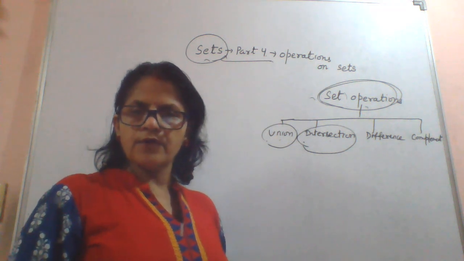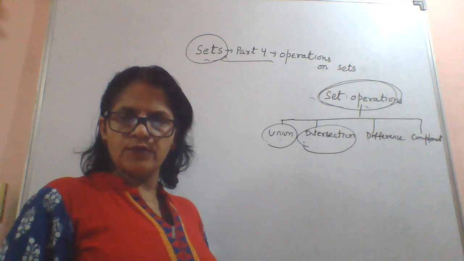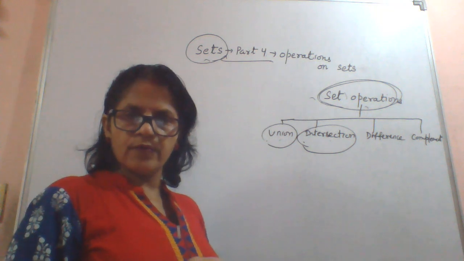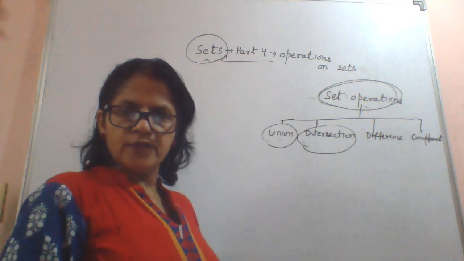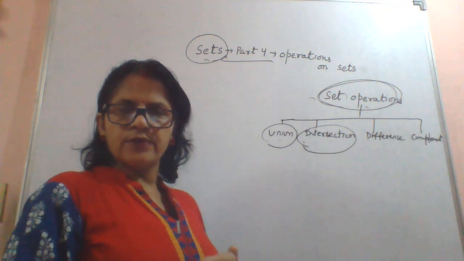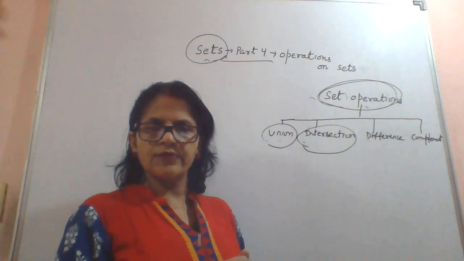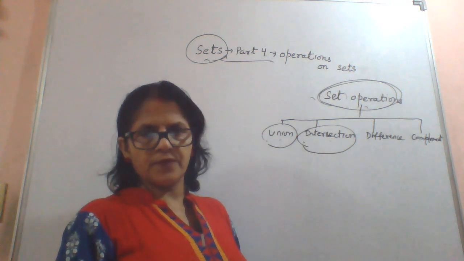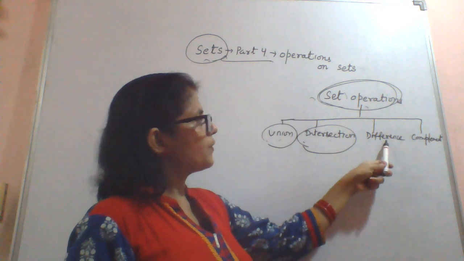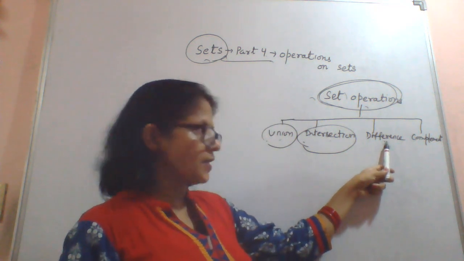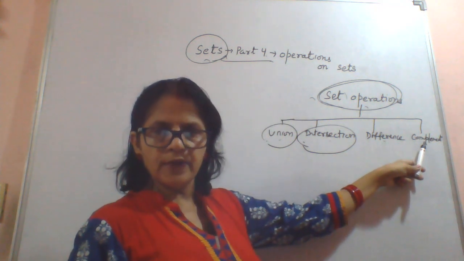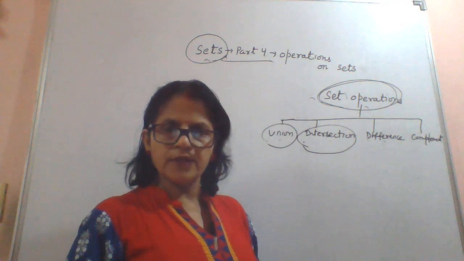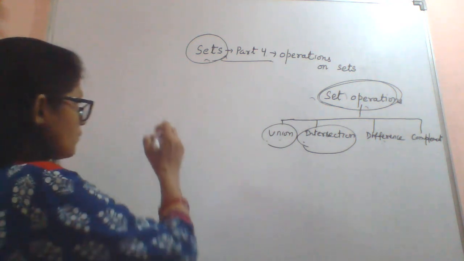In case you have not watched my previous 3 videos on this topic, I request you to please watch them so that you can maintain the continuity of the concepts. We will start from difference of sets, then move to complement of sets and the properties and so on.